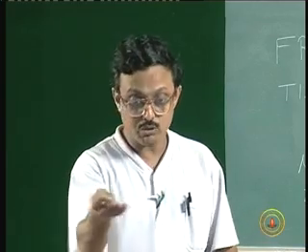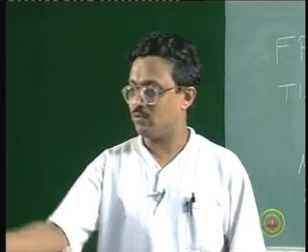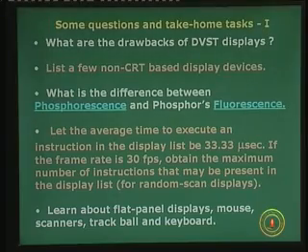So, kindly choose one such problem from take home task 1. Can we discuss task 1, 4th problem? Yeah, that is nice. That says that the average time to execute an instruction in the display list is about 33.3 microseconds, and if the frame rate is 30 frames per second, the problem says obtain the maximum number of instructions that may be present in the display list for random scan displays.